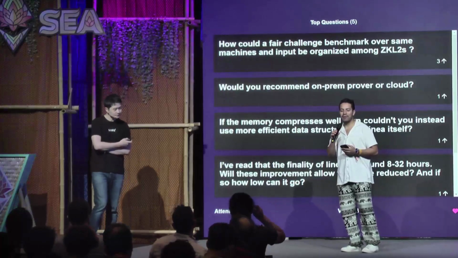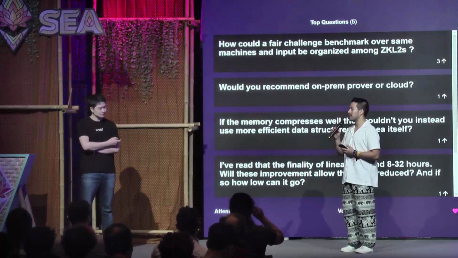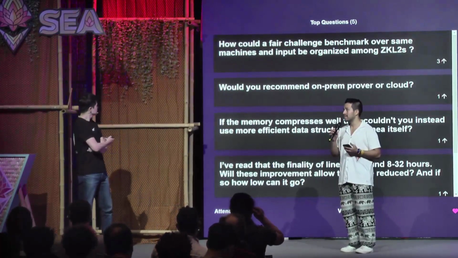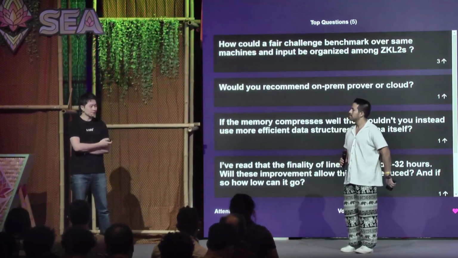How could a fair challenge benchmark over same machines and input be organized among ZK-L2s? So how to benchmark against different systems? I think it's really hard. As I explained in the introduction, every team or project has different architecture, different models, based on different cryptography.